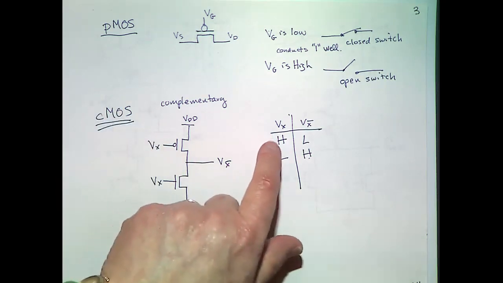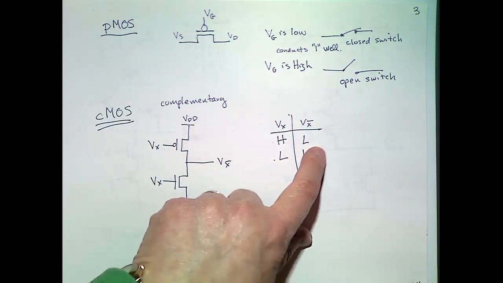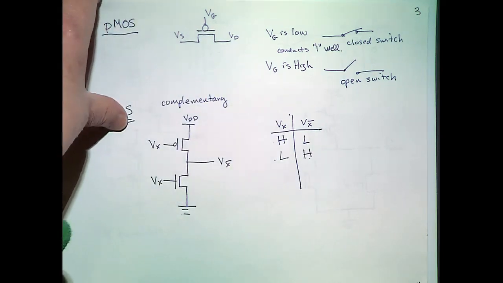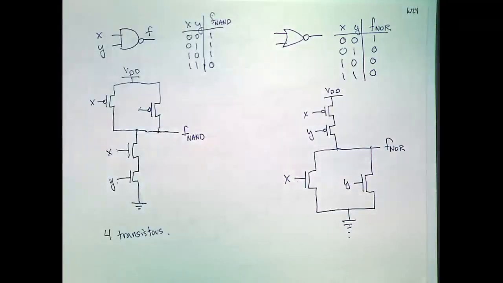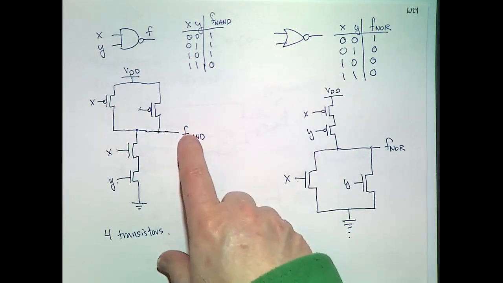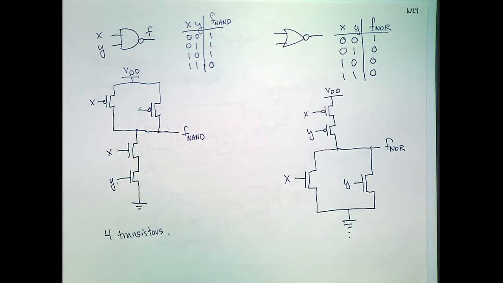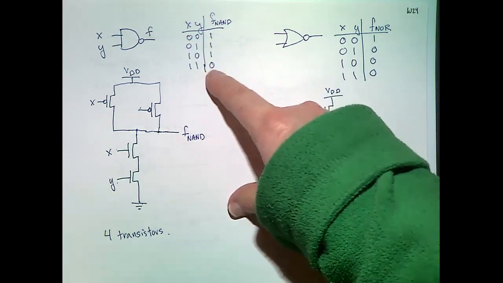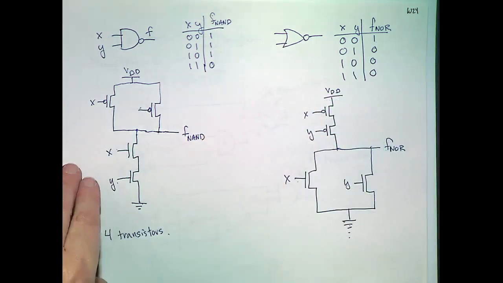So a 1 maps to 0, a 0 corresponds to 1, which is what we want from our inverters. And then from there we built a NAND gate. Again, we want the output to be low when both x and y are 1. The NAND gate is the complement of the AND, so it's 0 only when both inputs are 1.